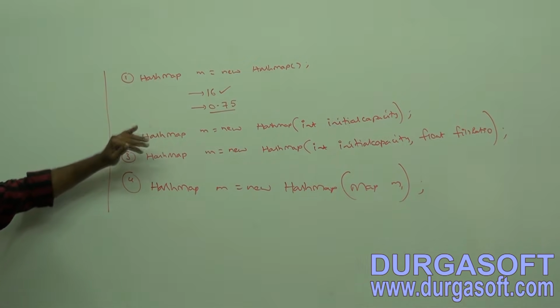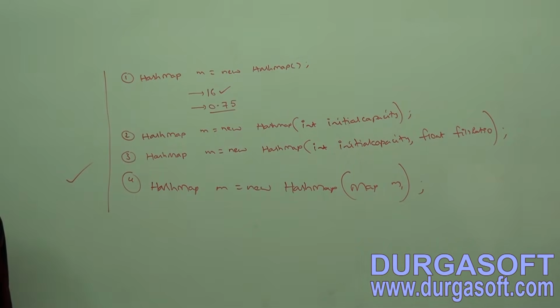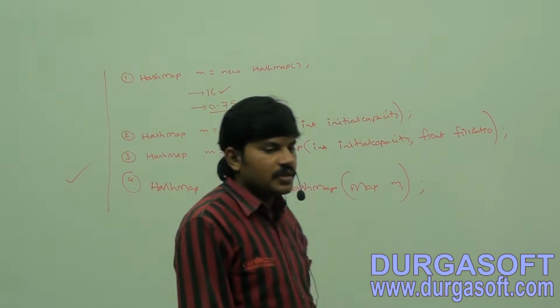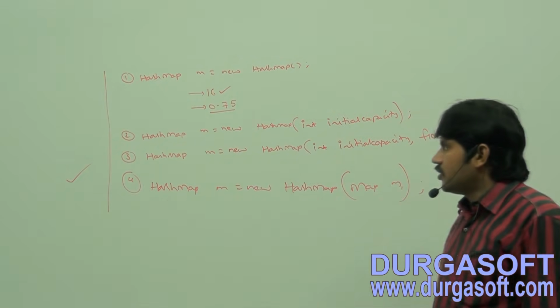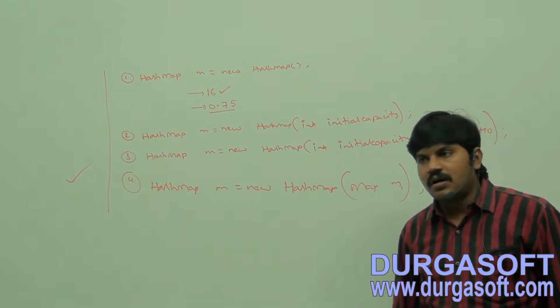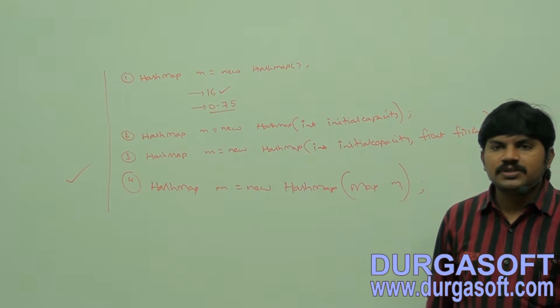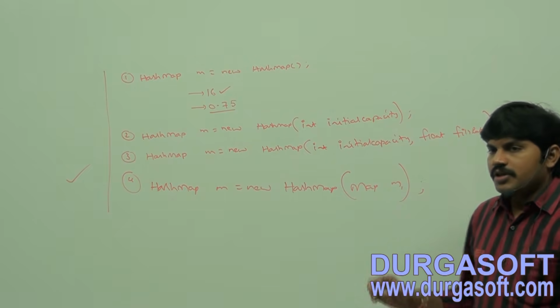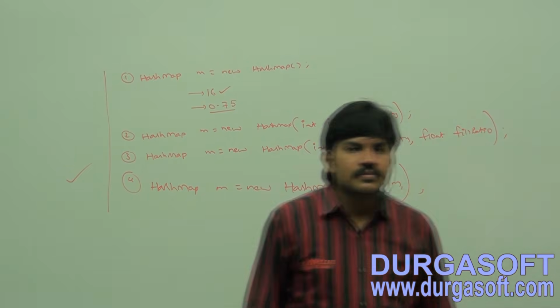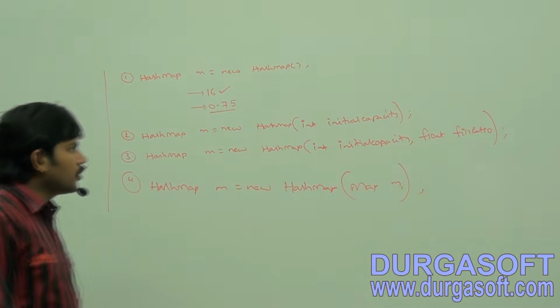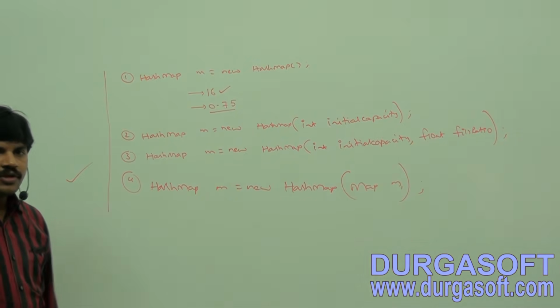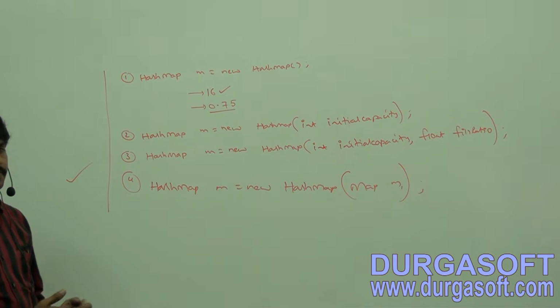Next, the second one: hash map m is equal to new hash map of int initial capacity.